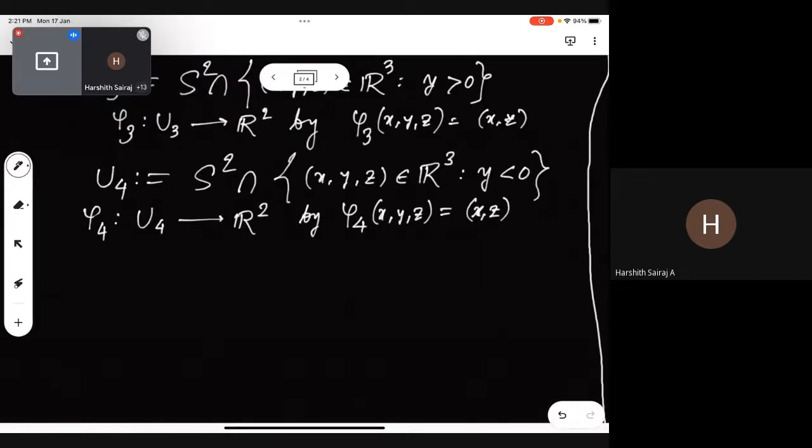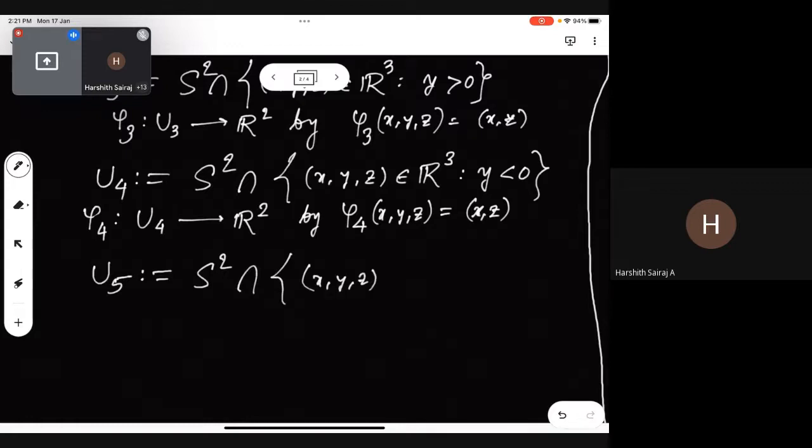Similarly, U5 is S2 intersection {(x, y, z) in R3} so you're dividing by one coordinate plane, such that x is greater than 0.